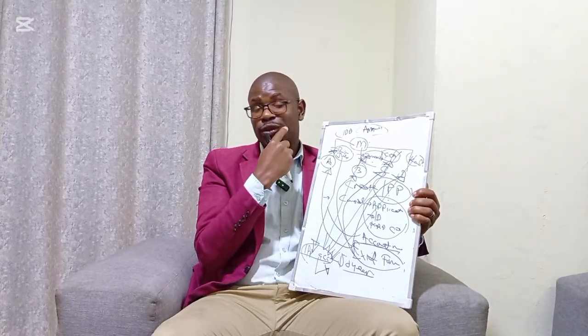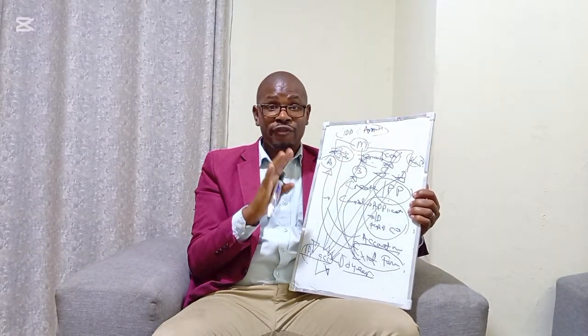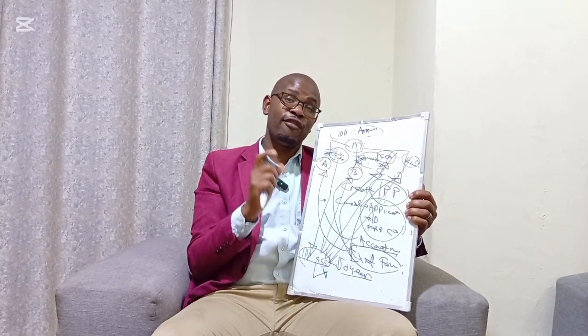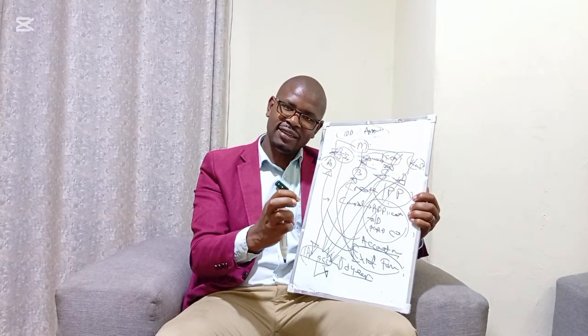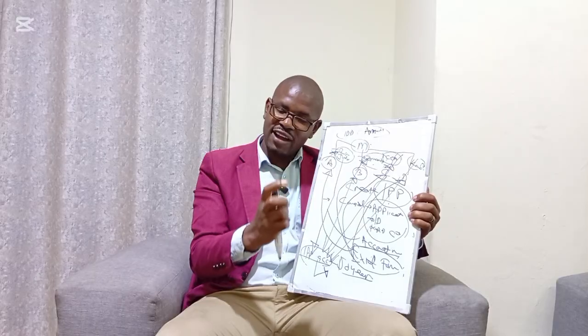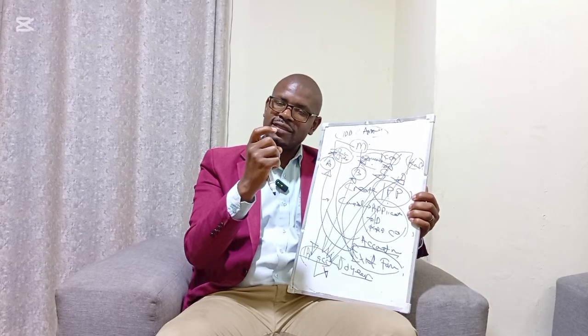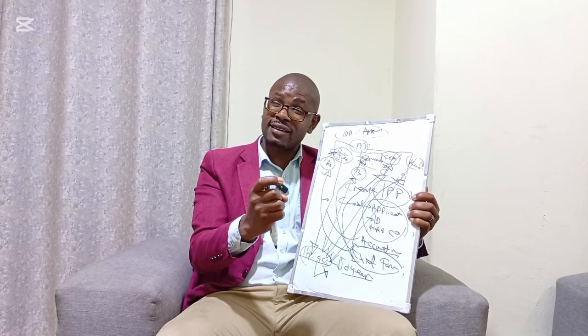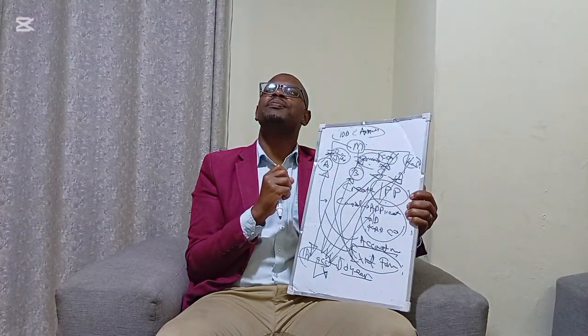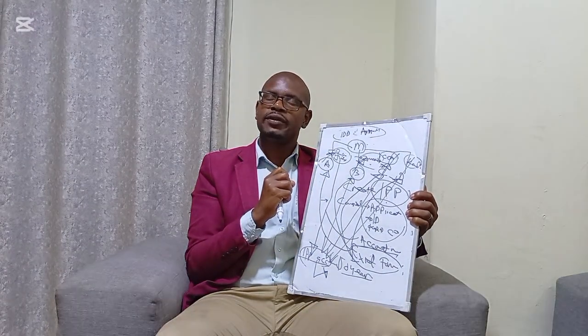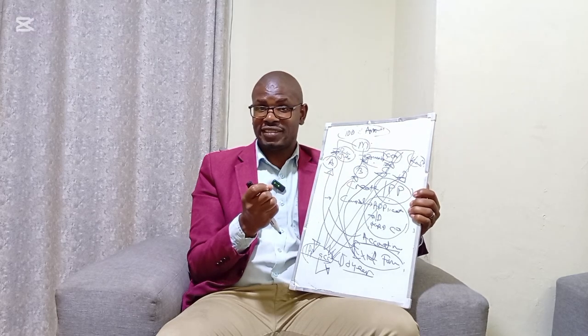There are a couple of bodies involved in pension. Number one is the administrator. Number two is the fund manager. Number three is the trustees. And number four is the banks, the custodians.